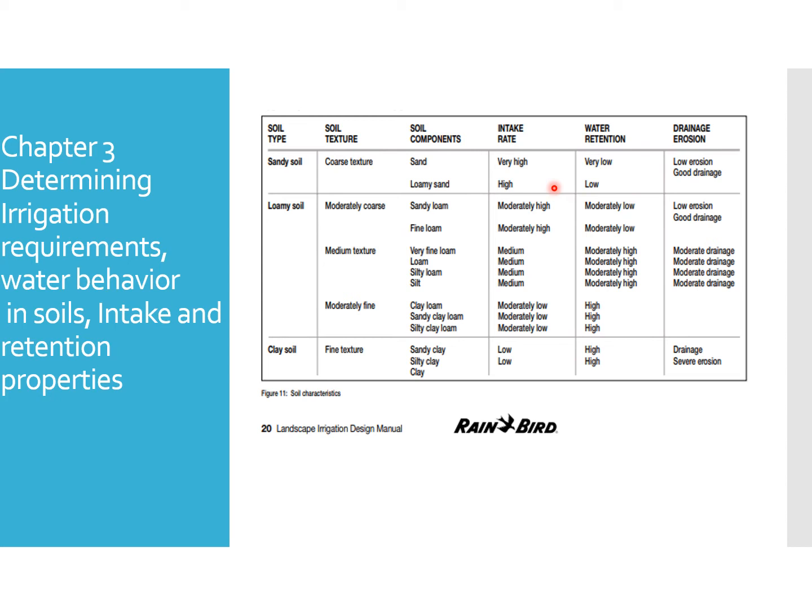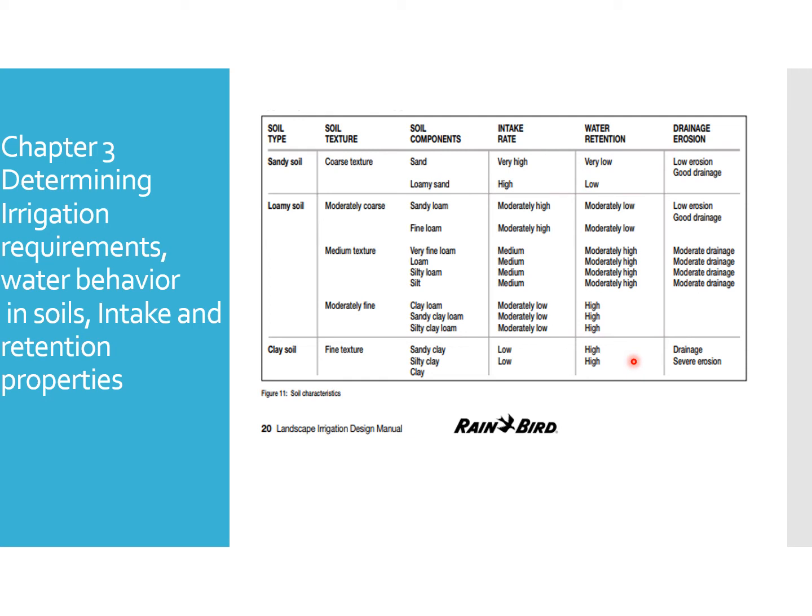The intake rate is really high. The water wants to go straight down. So the opposite happens here with clay soil. If you apply water too quickly, then that water is eventually going to end up running off because its intake rate is too low. It can't drink it very fast. But its water retention is pretty high.